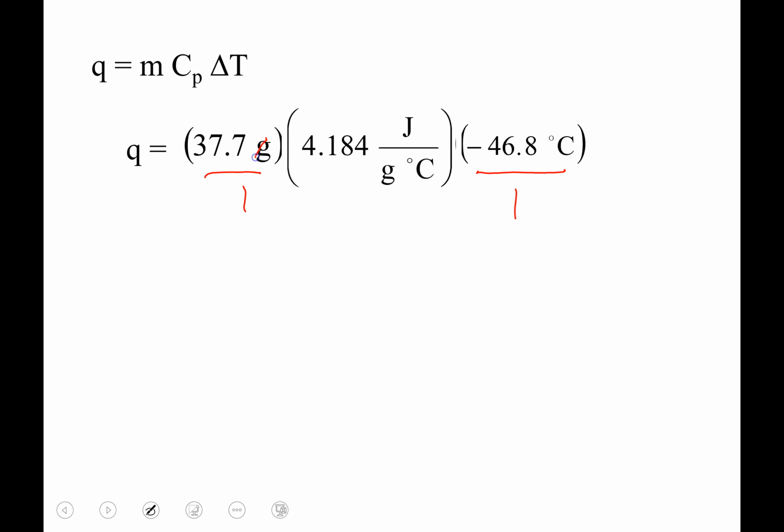So I'm getting grams to cancel, degrees Celsius to cancel, and change in thermal energy, units of joules, I'm good with that. Rounding, how many sig figs? 3.